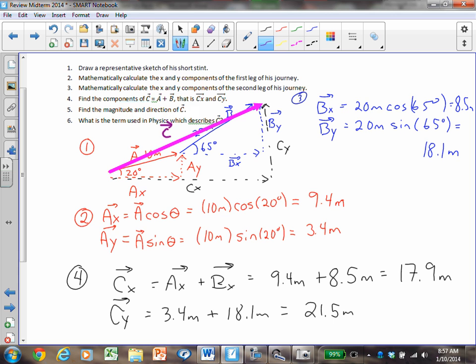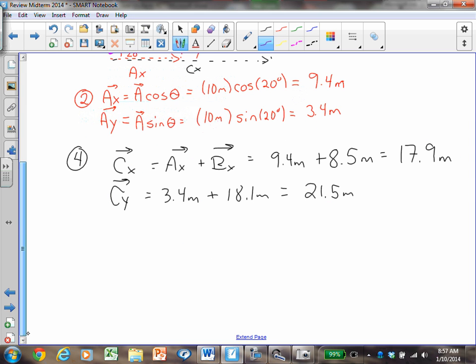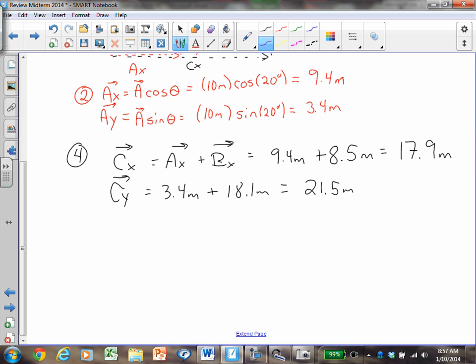All right, so the magnitude of C, right? Remember the bars mean magnitude like that?